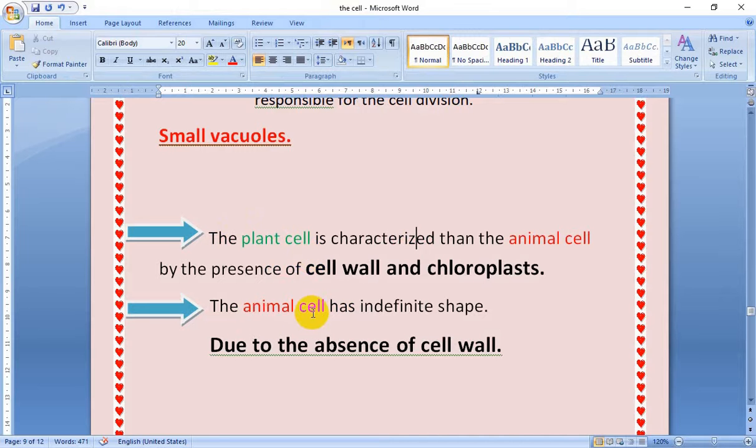The animal cell has indefinite shape. Why? Due to the absence of cell wall. We said before that the plant cell has definite shape because it has cell wall, but the animal cell has indefinite shape because of the absence of cell wall.